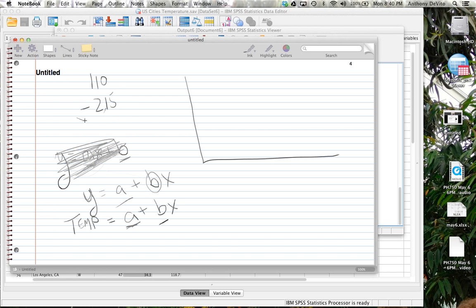Well, in this case, our slope is represented by latitude on our table. You might have noticed that it was labeled as latitude. So our formula says temperature is equal to the constant, which turned out to be 110, minus 2.15 times x, which is the latitude.